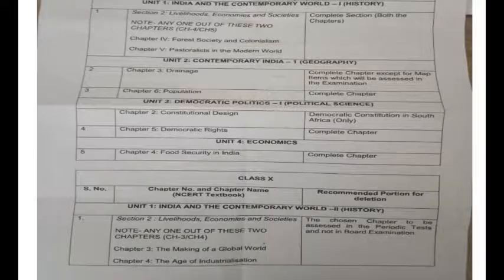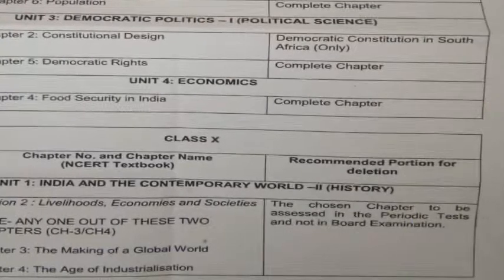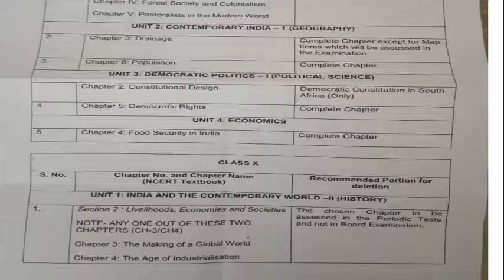Here, on the right side, you can check the chosen chapter to be assessed in the periodic tests and not in the board examination. So the syllabus prescribed for us is from chapter 3 and chapter 4, and we have to select any one of these two chapters.